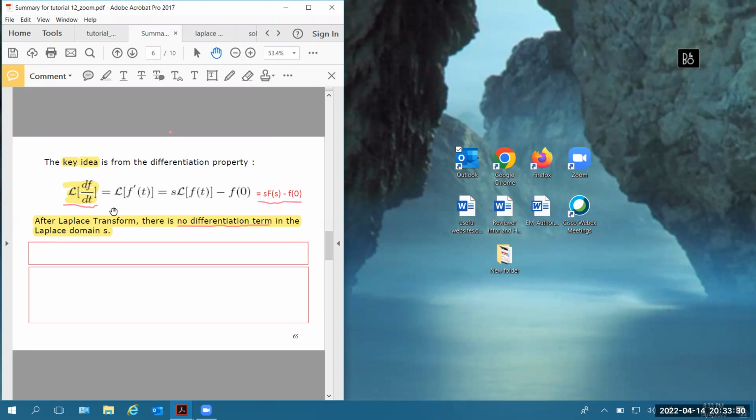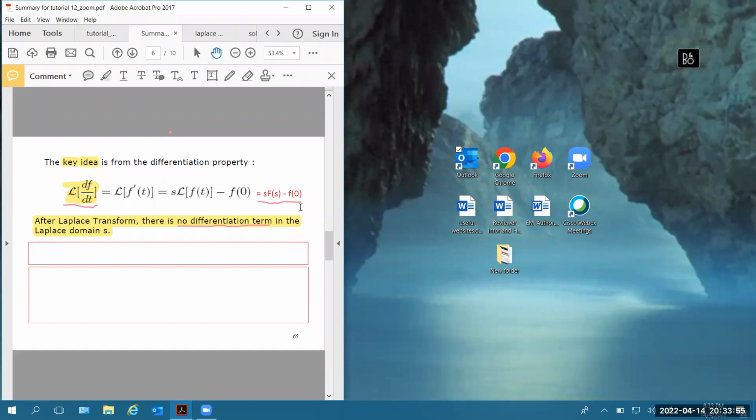If we have the derivative of f with respect to t and we Laplace transform it, the Laplace transform of f prime of t is s times the Laplace transform of f of t, minus f of 0. So it's s F(s) minus f(0). This one we know.